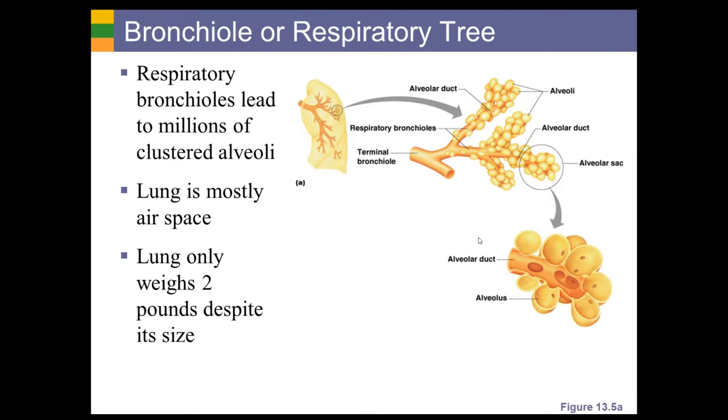In fact, even though your lungs take up the majority of your thoracic cavity, they only weigh about 2 pounds. I mean, they weigh less than your heart. And that's because they are mainly composed of open space filled with air.